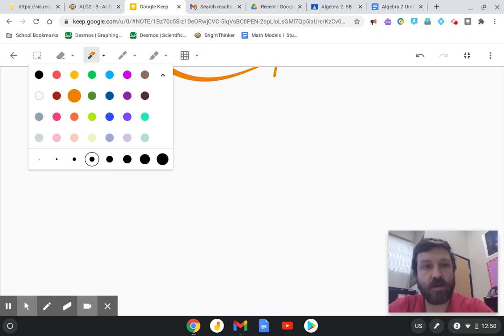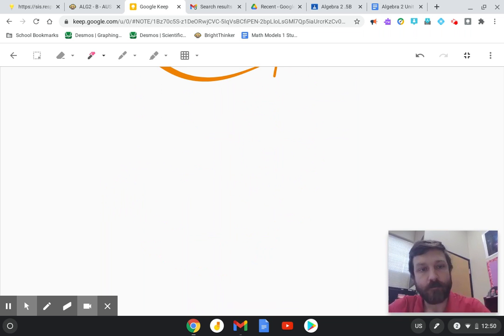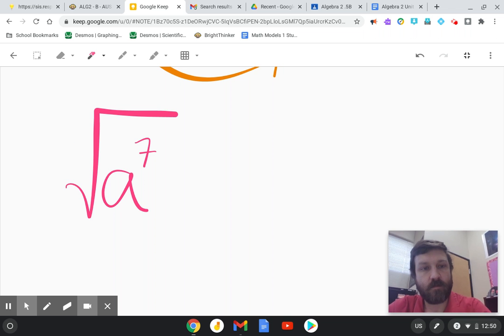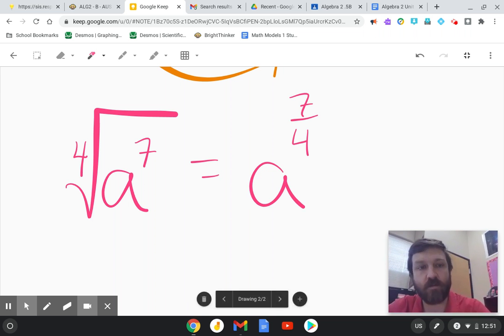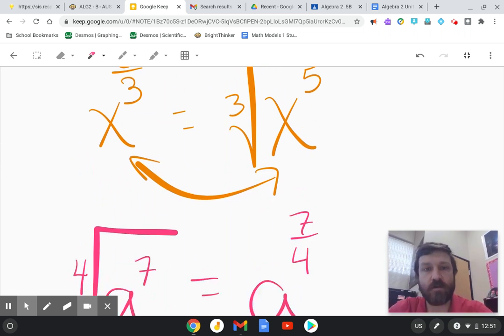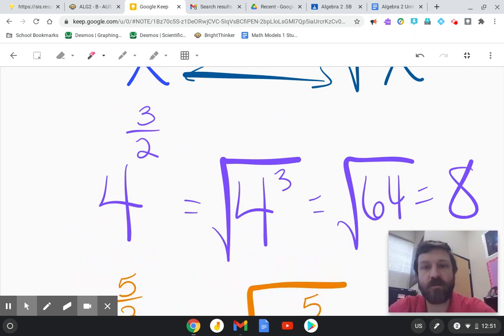For instance, if you get an expression given to you and it says something like a to the 7th root 4, I'm going to rewrite that as a to the 7 over 4 because the power is the 7 and the root is the 4. So you need to be able to do that. You need to be able to switch back and forth between them. And then you need to be able to use fractional exponents to simplify like we did here.